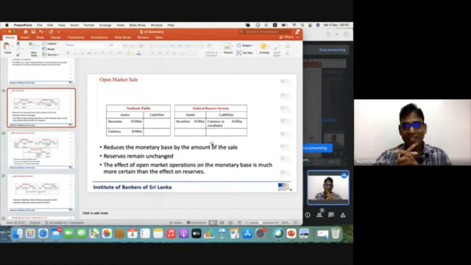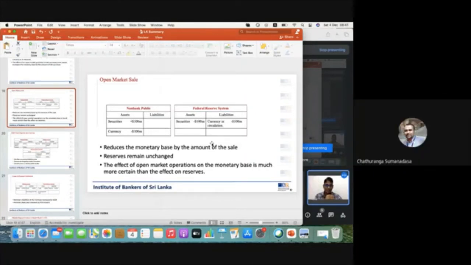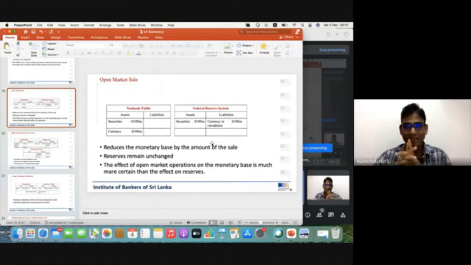Now let's see, currency is an asset for normal people, but currency is a liability for the central bank. That's why it is being adjusted under liabilities. So now the central bank's liability is less.